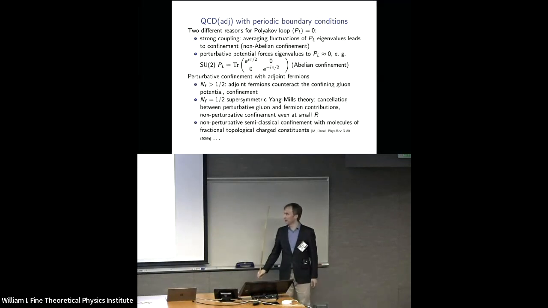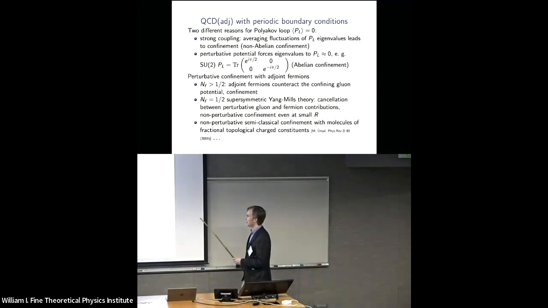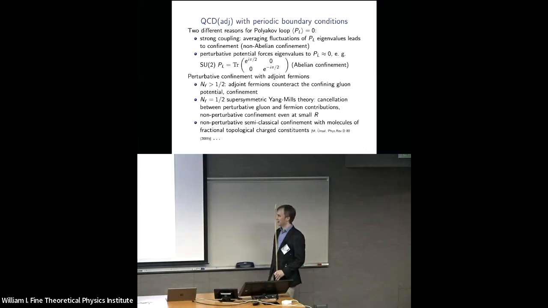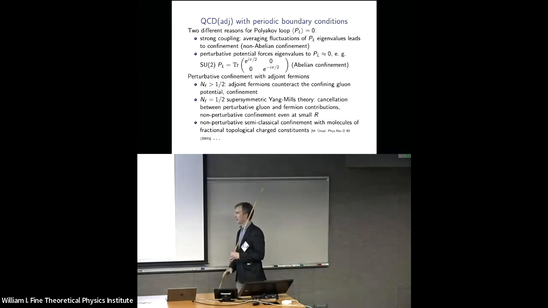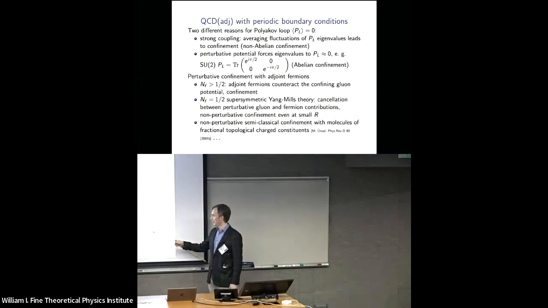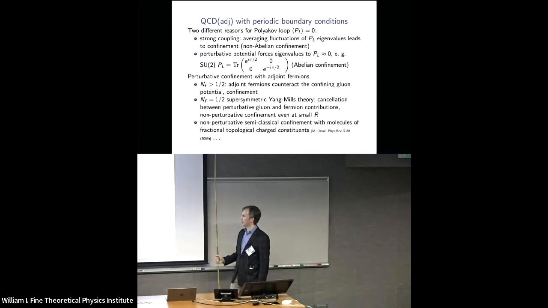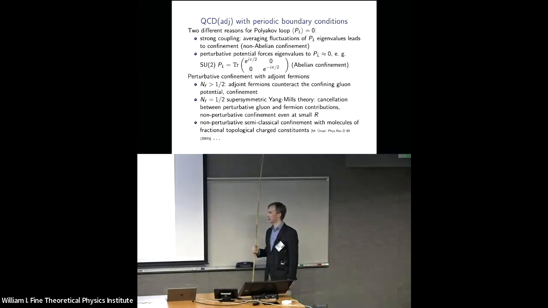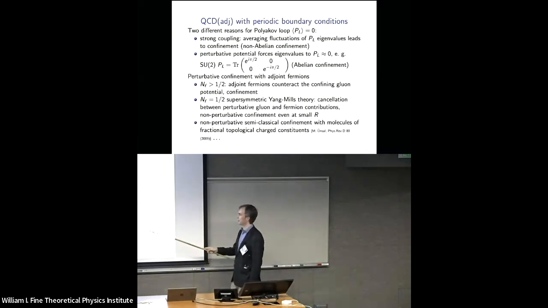This has been studied in quite some detail. So even for a larger number of adjoint fermions, you can show that in all cases, if you just look at the perturbative effective potential for the Polyakov line, then you find that the perturbative contributions from the gluonic fields are counteracted by the adjoint fermions.